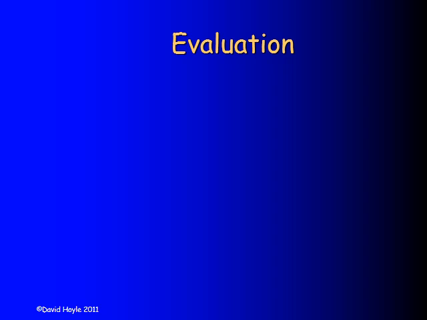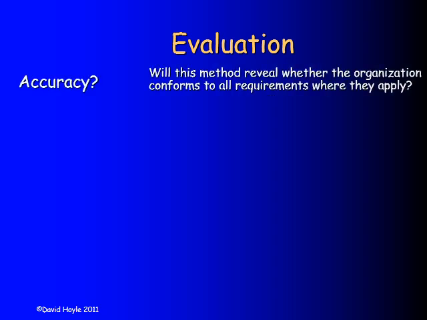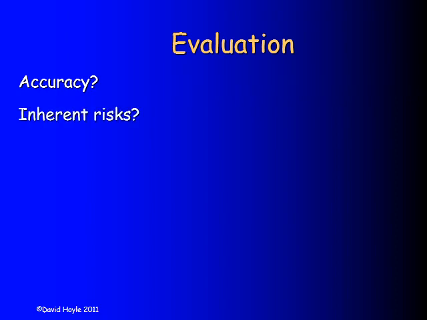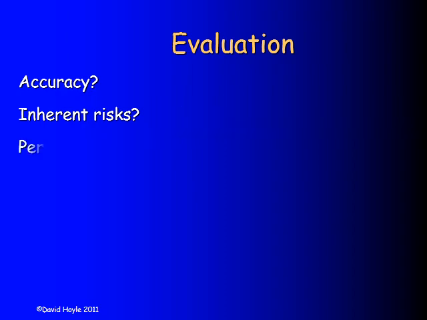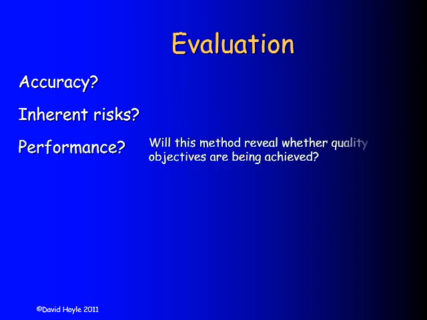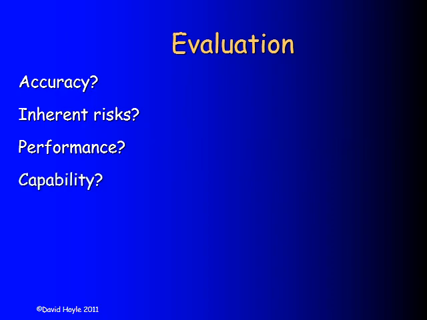So if we evaluate all these methods, look for accuracy. Will this method reveal whether the organization conforms to all requirements where they apply? What about the inherent risks? Will this method reveal whether inherent risks have been identified and are being managed effectively? What about performance? Will this method reveal whether quality objectives are being achieved?